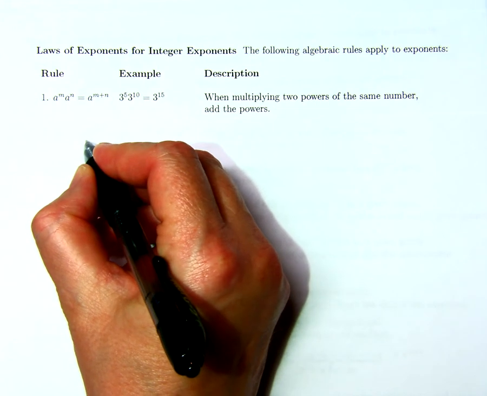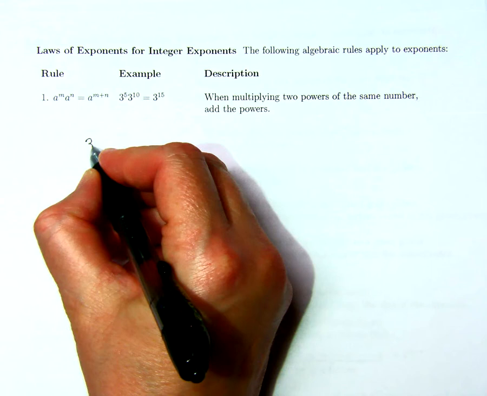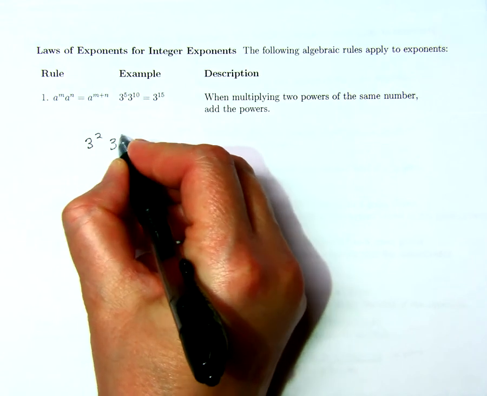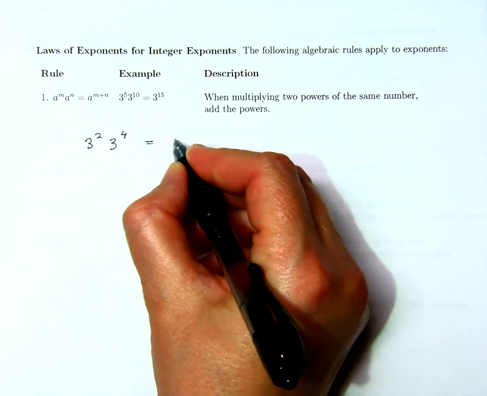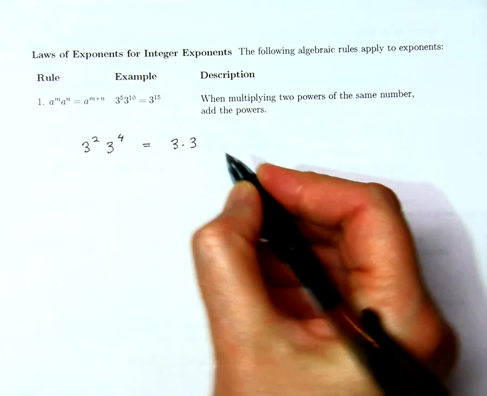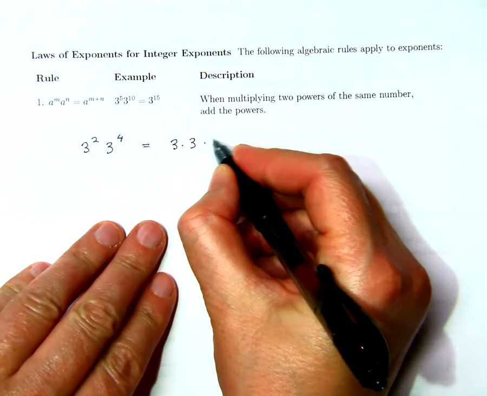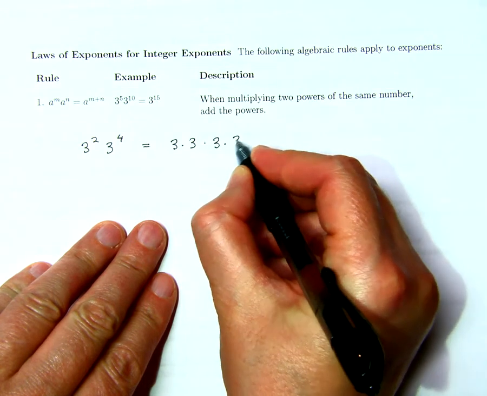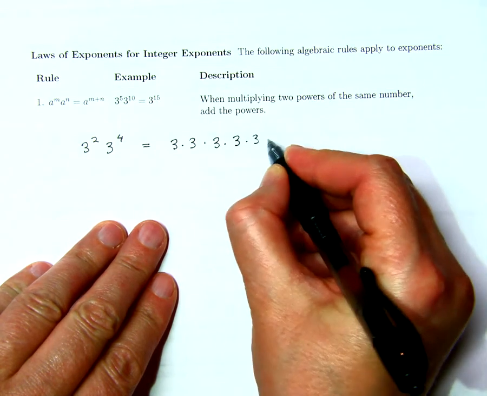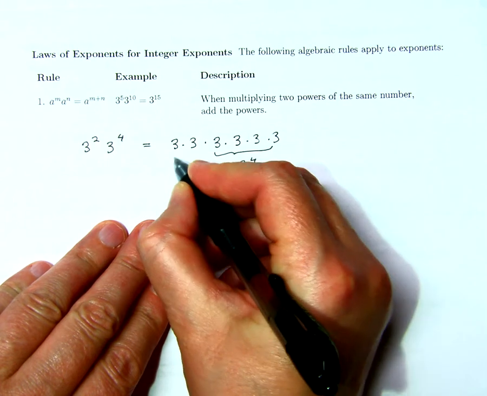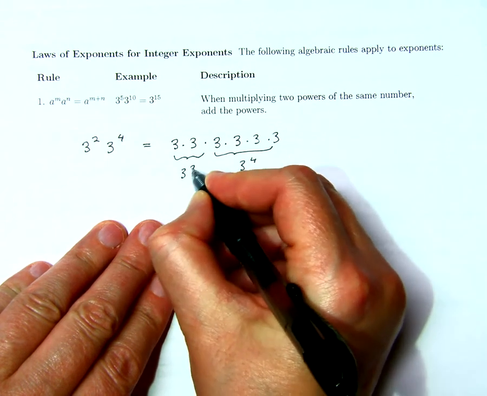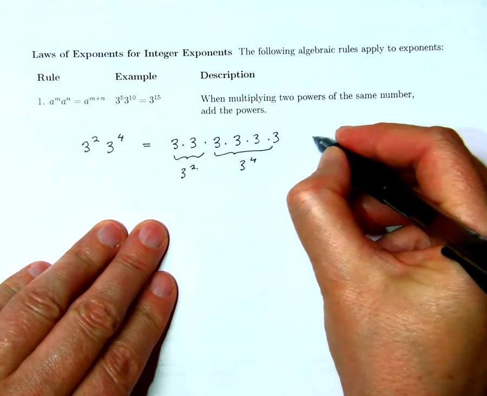If, for example, you have 3 squared times 3 to the 4, then this is equal to, by definition, 3 times 3 times 3 times 3 times 3 times 3. That's the 3 to the 4 part, and that's the 3 to the 2 part.